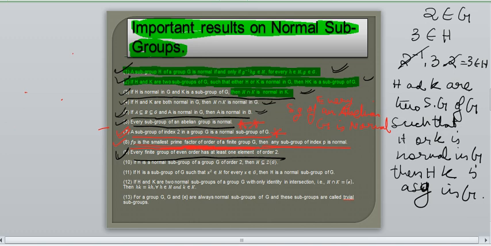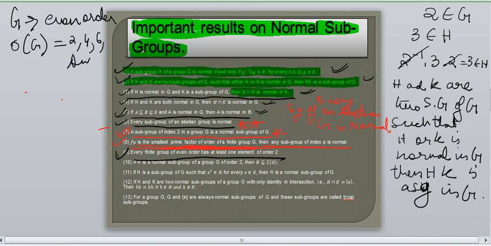You have a finite group and it's of even order. So the order of the group is an even number, like 2, 4, 6, any even number.